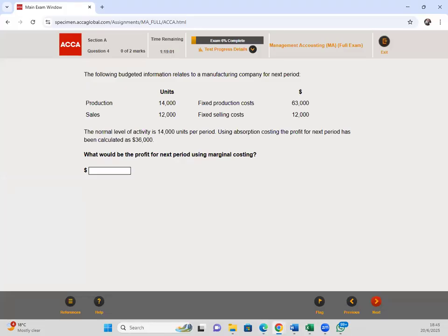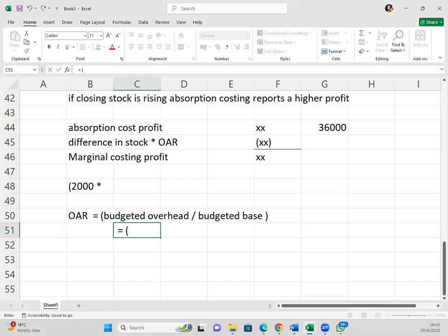The cost is 63,000. So 63,000 is the budgeted production overhead divided by the units, the 14,000 normal level of activity.